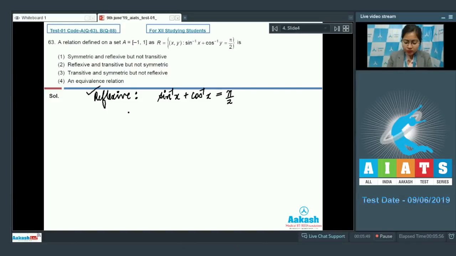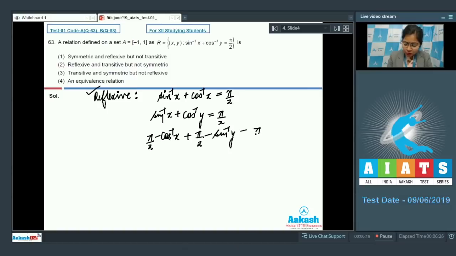Now, let us assume that (x, y) belongs to R. So, we have sine inverse x plus cos inverse y equal to pi by 2. Now, we can write sine inverse x as pi by 2 minus cos inverse x, and we can write cos inverse y as pi by 2 minus sine inverse y.